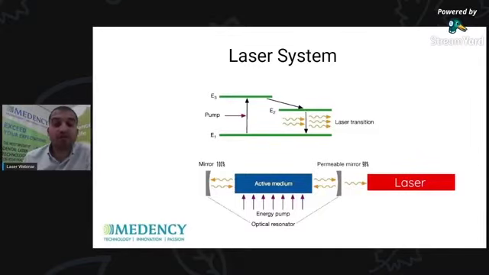This makes the electrons unstable or irregular, and electrons need to be regular or stable. So they come back again to the original energy level, but when they come back, they must lose the energy they gained. This energy is lost as a laser beam.